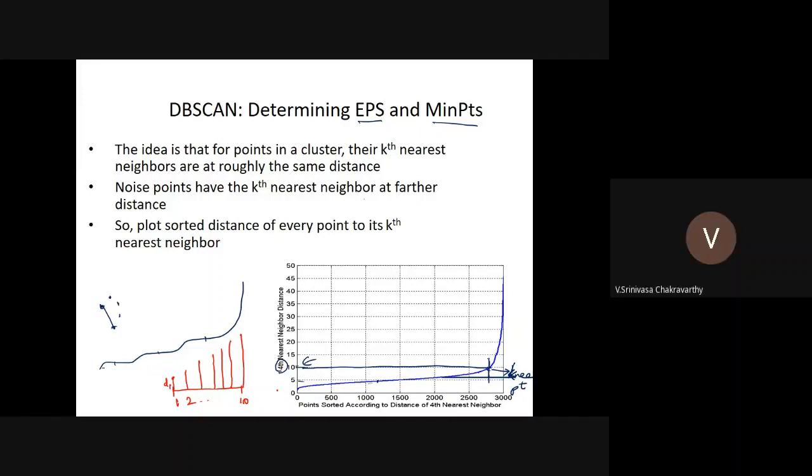Okay. Any other questions? This is nice. I want to get some questions because DBSCAN is a bit subtle. K-means is very easy to understand. DBSCAN is a bit subtle. That's why I want to go slow and spend some time discussing this. I think we'll have a demo of this on Friday. Sandeep? Yes, sir. DBSCAN will have a demo.